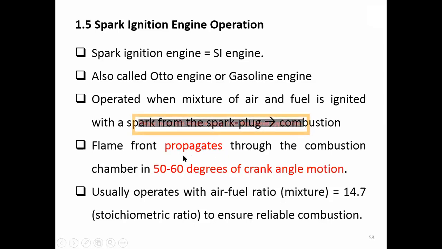We refer to the crank angle for the time that this flame front propagates through the combustion chamber, because this 50 to 60 degrees can be converted into time, since we know the revolutions per minute of the crankshaft.